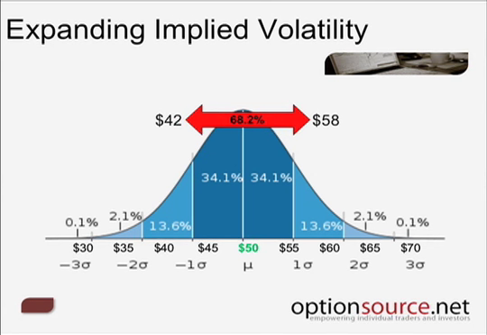But again, what we need to do is just recognize when the options are trading with a high implied volatility, or when options are trading with a relatively low implied volatility.